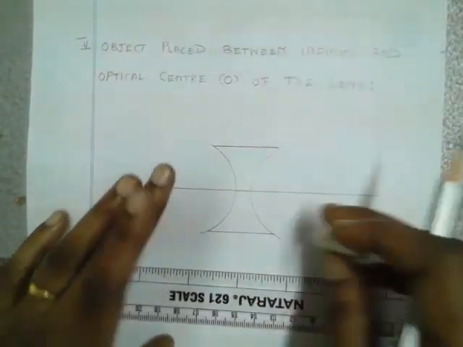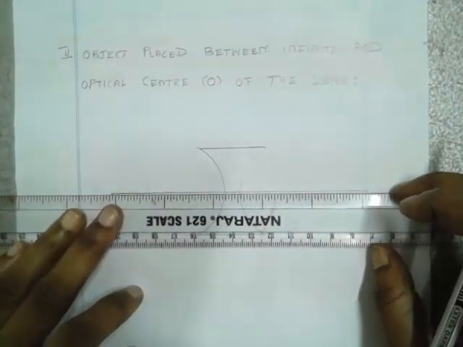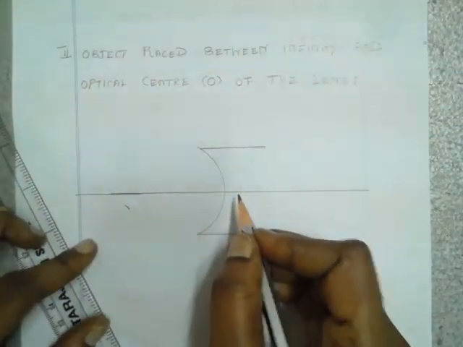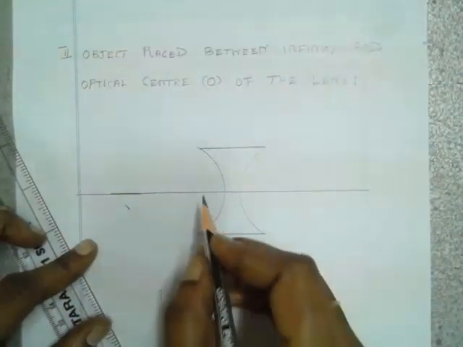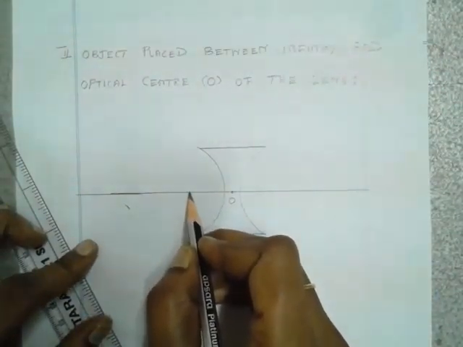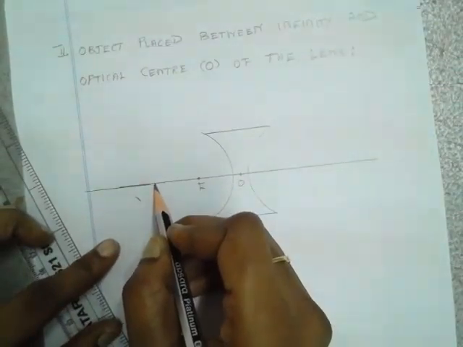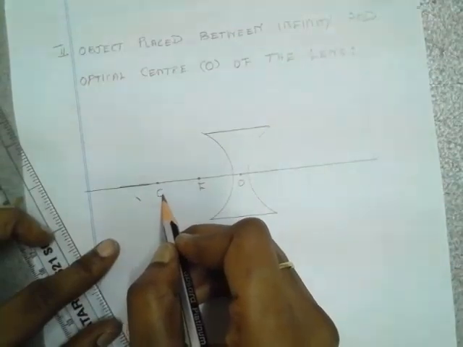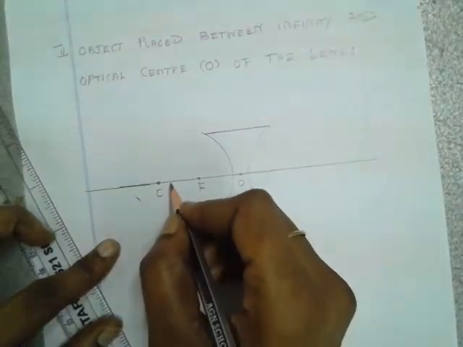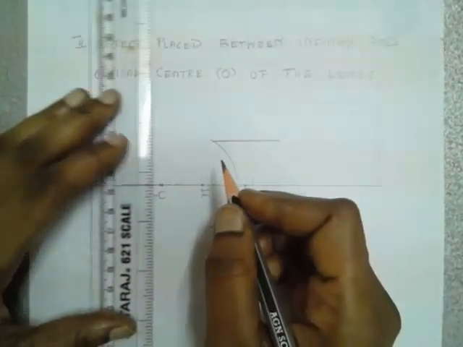Already I told that the object is anywhere between infinity and optical center O. First mark the optical center O, then the principal focus F, and then the center of curvature of the lens C. Now I will consider the position of the object between F and C.